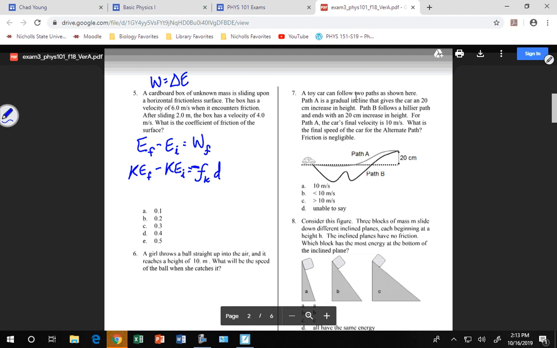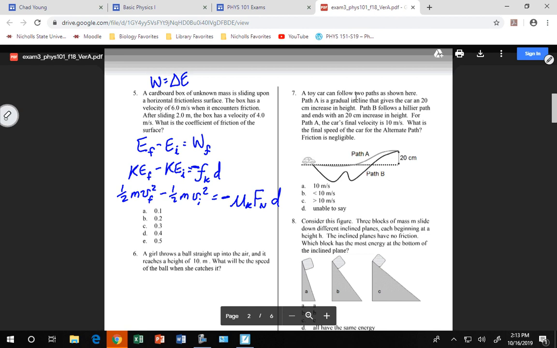Okay. All right. So kinetic energy final is going to be 1/2 m vf squared minus 1/2 m vi squared. I don't have the mass. It's an unknown mass. Is equal to Fk. What is Fk? Well, Fk I know is mu k times the normal force times d.